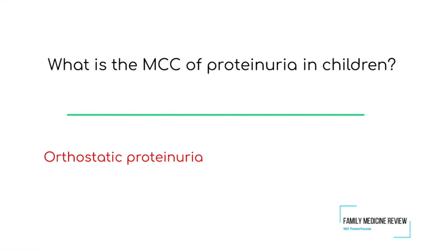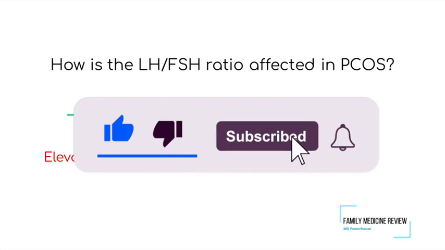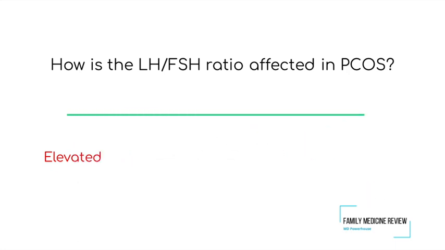How is the LH and FSH ratio affected in patients with PCOS? It is elevated. Remember that in PCOS, they have an unregulated GnRH pulse, which causes LH to be significantly more increased than FSH.